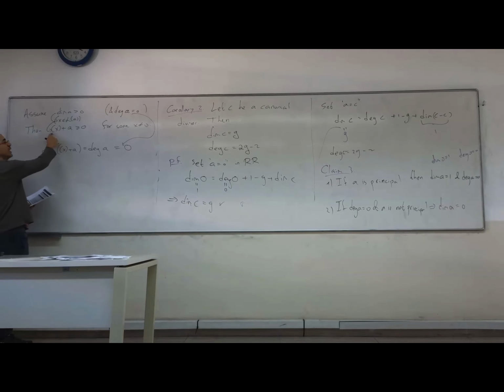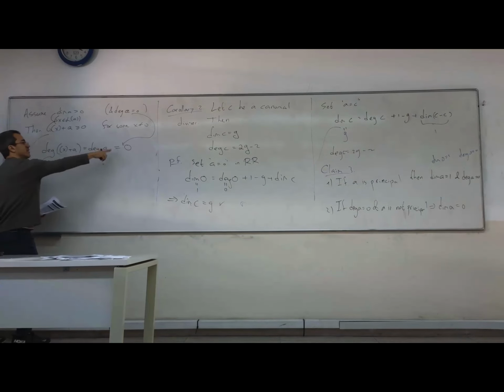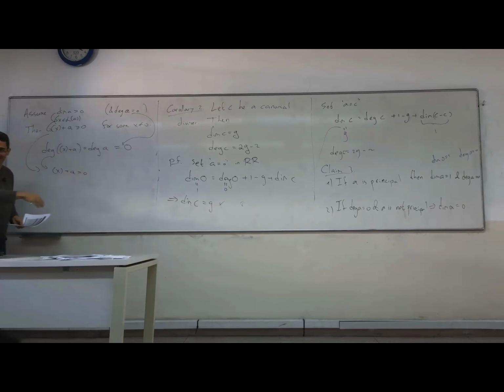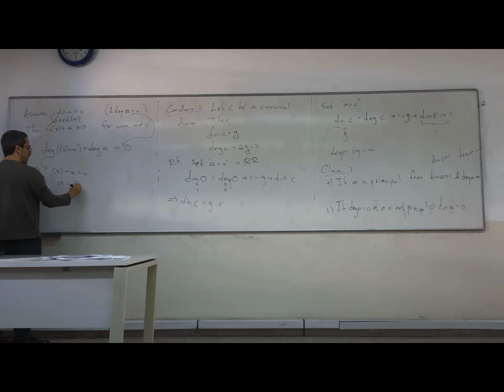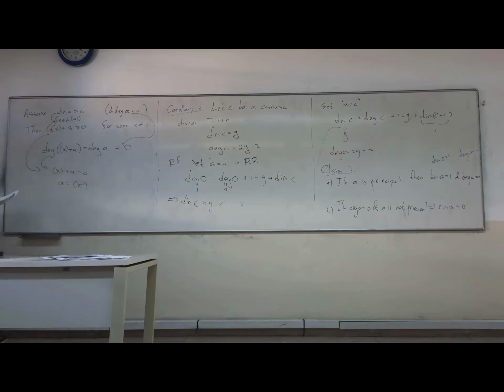It's degree 0 and everything is non-negative. Because of that, we know that x plus A is the 0 divisor. You can't be always positive and have degree 0 at the end, unless you're already 0. There are no minuses to cancel out. So this means that A is this thing, namely A is principal.